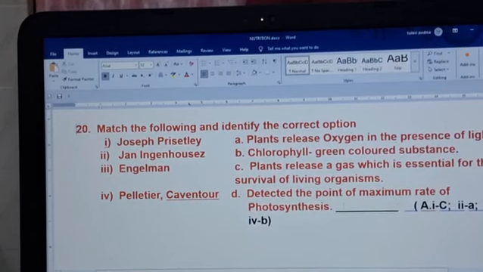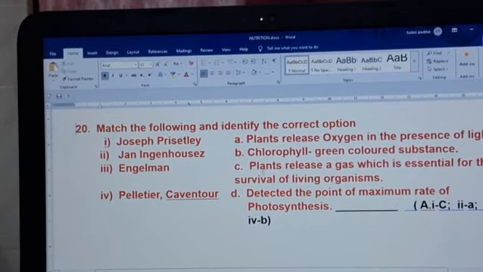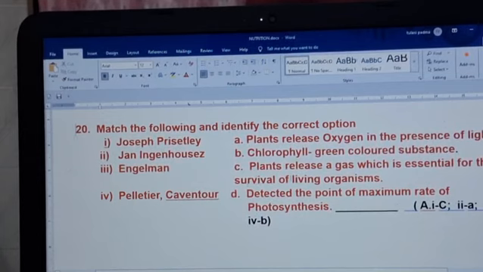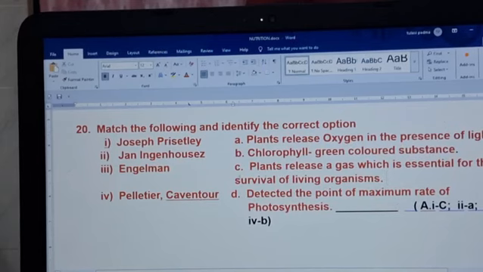The first one is for C. That is Joseph Priestley. What experiment did he do? Plants release a gas which is essential for the survival of living organisms. Priestley's bell-jar experiment, remember children.